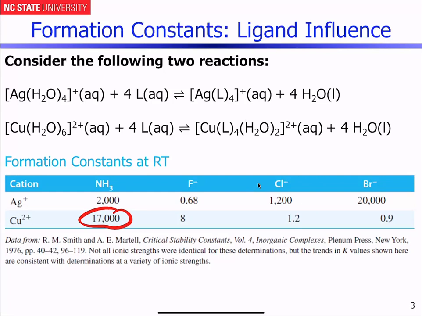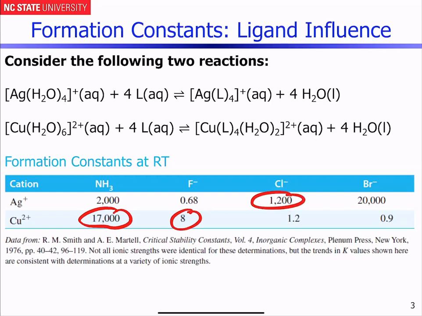But anyway, notice that copper 2 has more of an affinity for fluoride ion than silver has for it. But then if you go down the periodic table and change to chloride, you'll notice that everything now changes around. Now suddenly silver makes a more stable compound with respect to copper when chloride's involved.